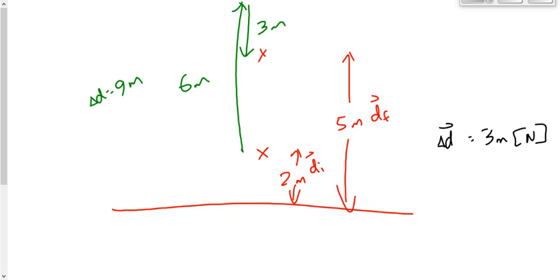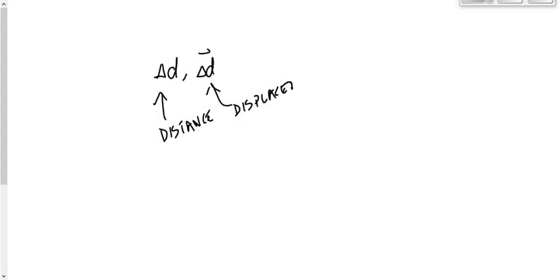Here's the thing. Distance and displacement will be the same number. Always. They'll always be the same number unless we switch directions. If I walk 1 meter and then I walk 2 meters in the same direction, my displacement is 3, my distance is 3.